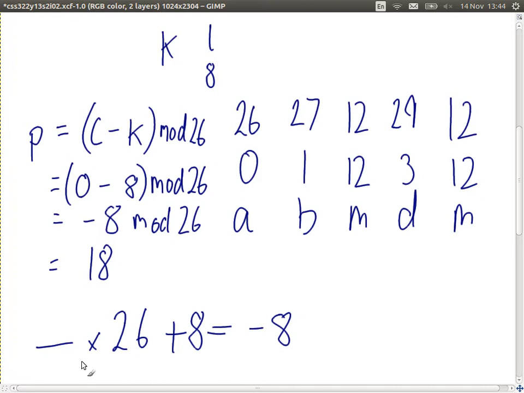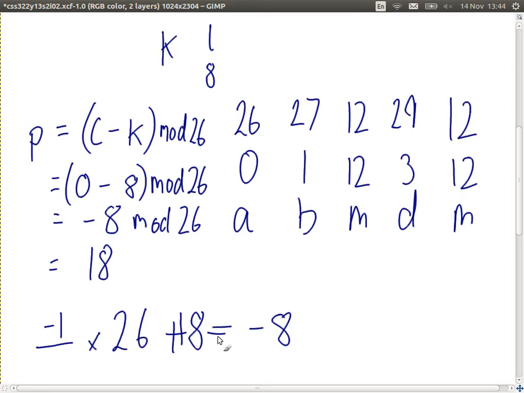Someone said modulo is the remainder. We got this right? That's plus 18. We don't care about this number, minus 1. Minus 1 times 26 is minus 26, plus 18 is minus 8.